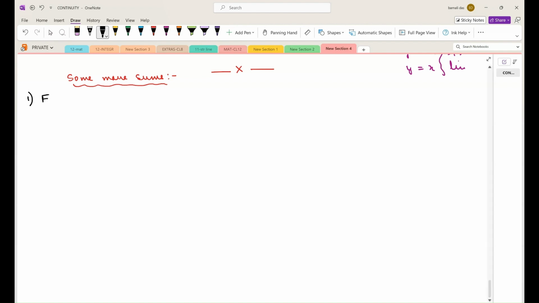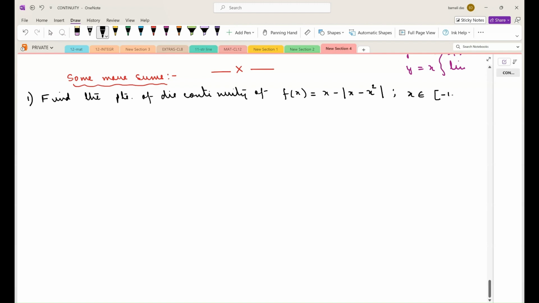The question is, find the points of discontinuity of the function f(x) equal to x minus mod x minus x square, where x belongs to minus 1 comma 1. So this is important.